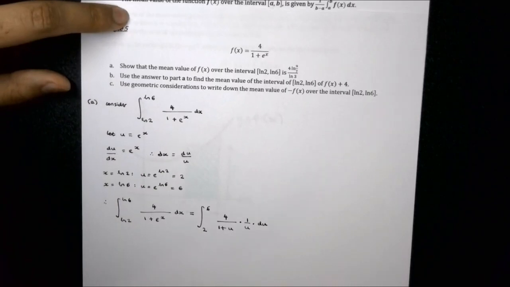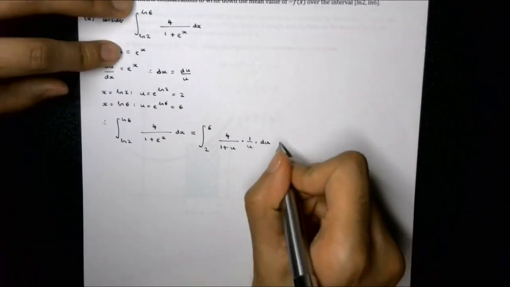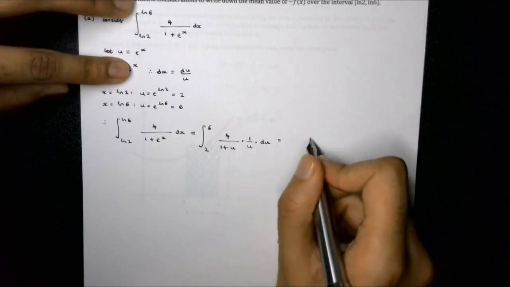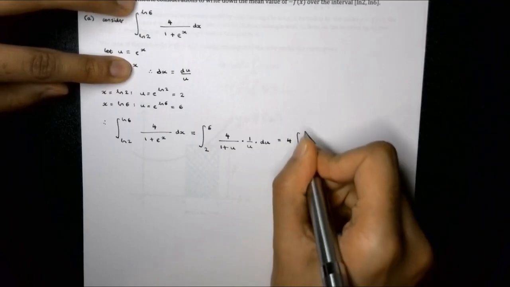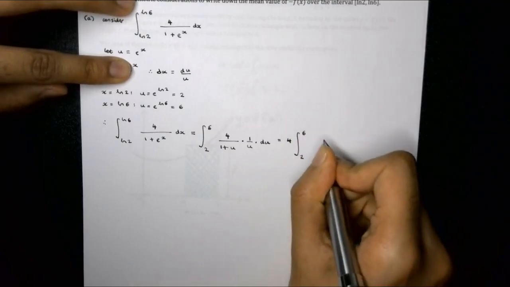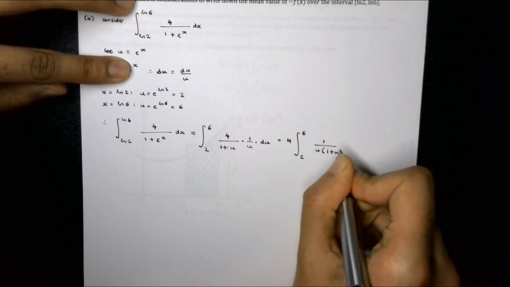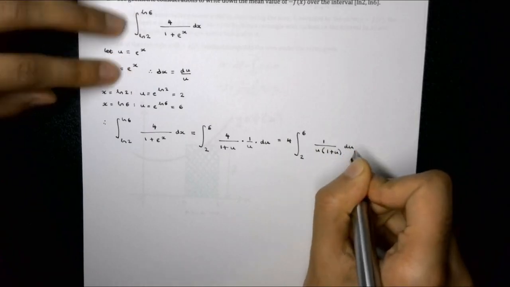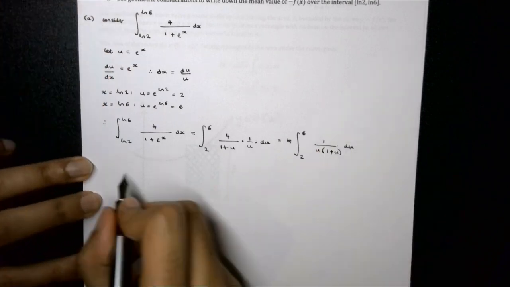Okay, and if we tidy this up even more, hopefully here you can see this is the same as 4 lots of the integral from 2 to 6 of 1 over u lots of 1 plus u du. To integrate this, of course, we need to use partial fractions.